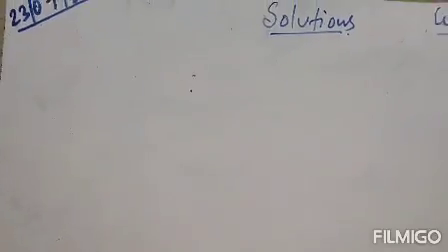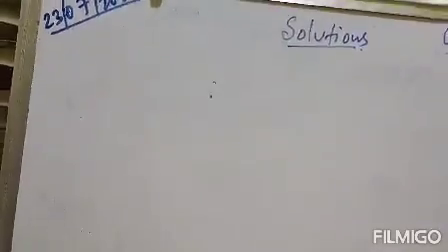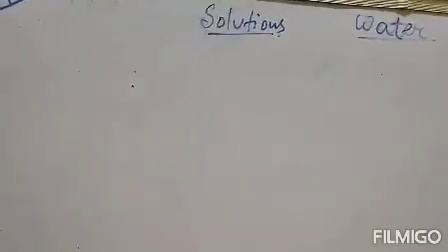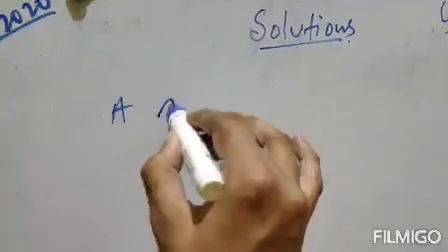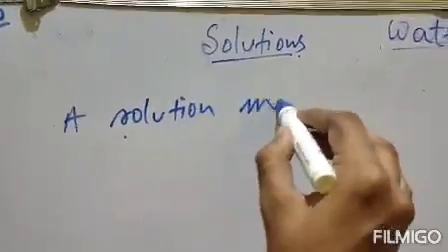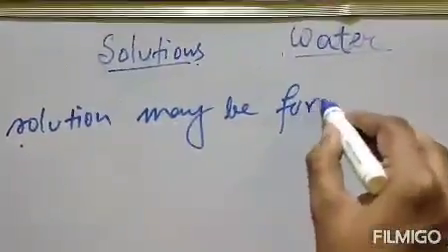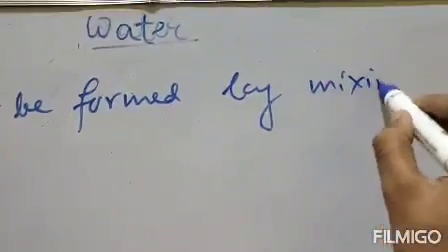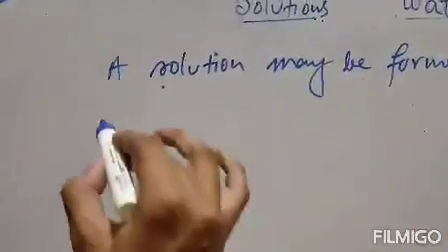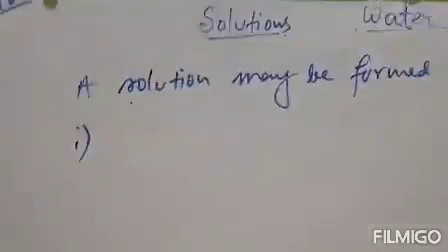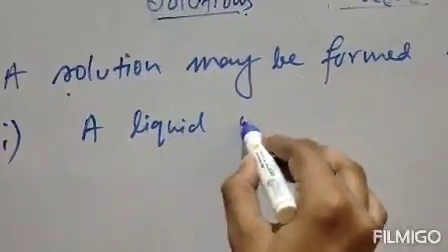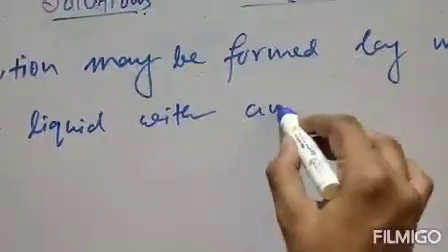Next, generally a solution may be formed by mixing in various ways. Depending upon the number of ways of mixing, a solution may be formed by mixing a liquid with another liquid.